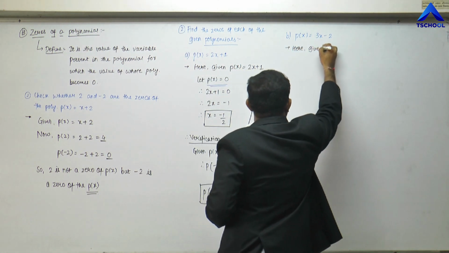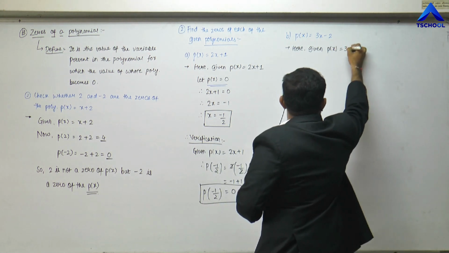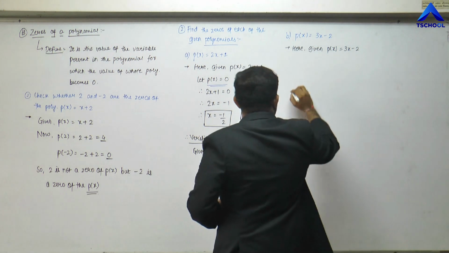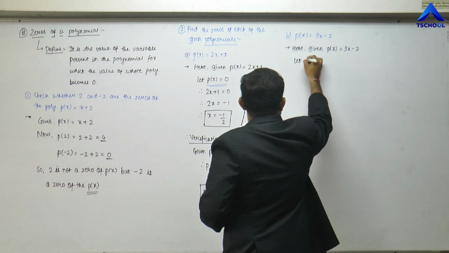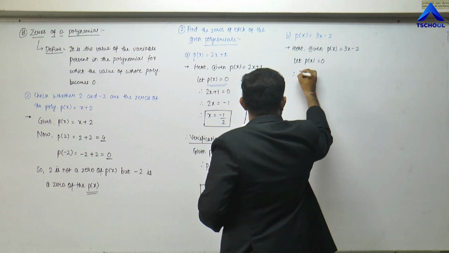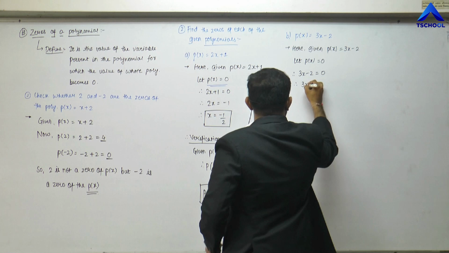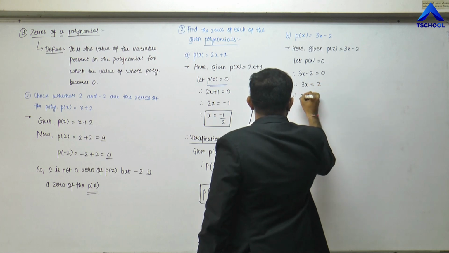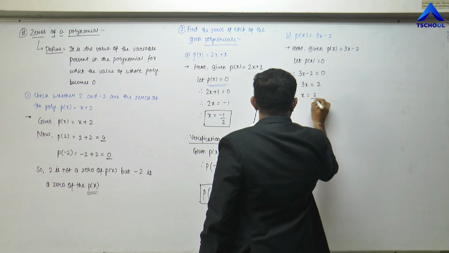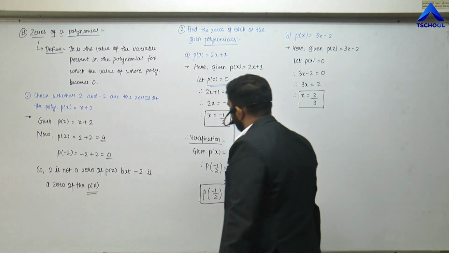Given P of x is equal to 3x minus 2. So let P of x be equal to 0. Therefore 3x minus 2 is equal to 0. Therefore 3x is equal to 2, and hence x is equal to 2 by 3, right?